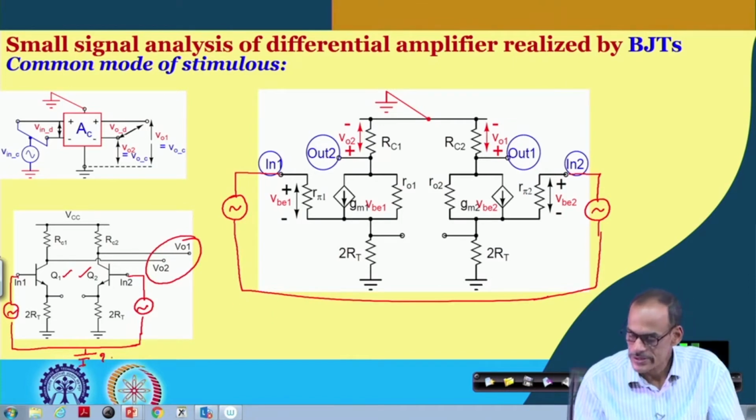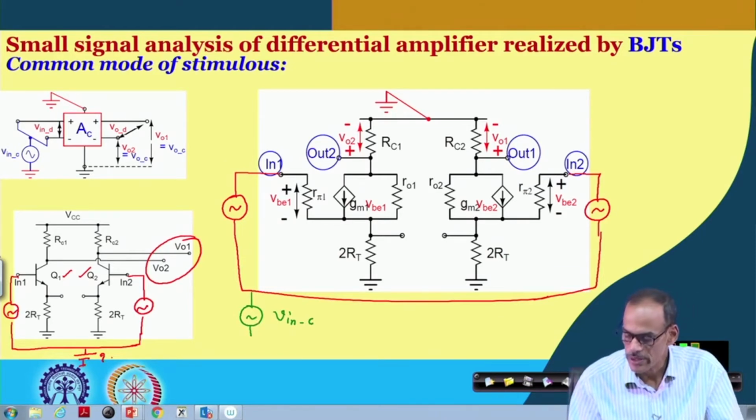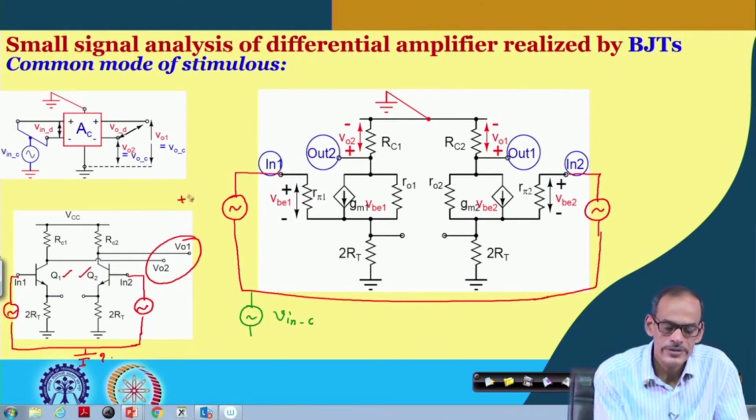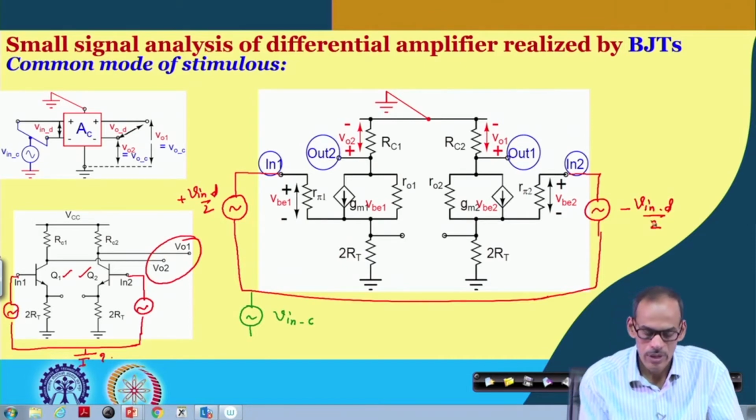But in case you have both the signals coming together, namely V in C and the differential part, plus V in D by 2 and minus V in D by 2, then what happens?